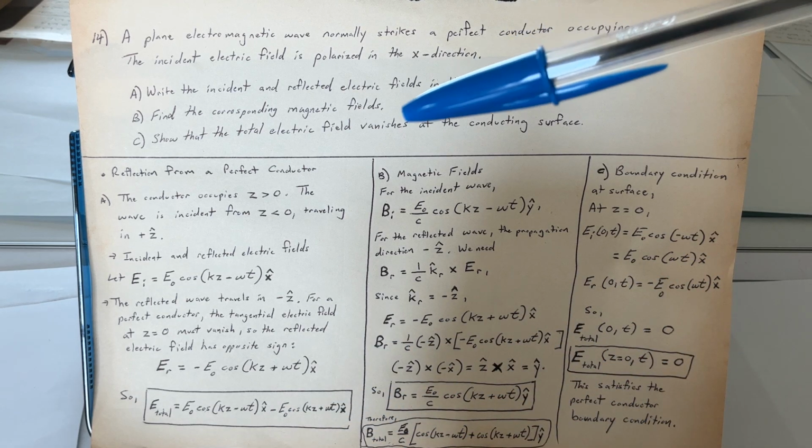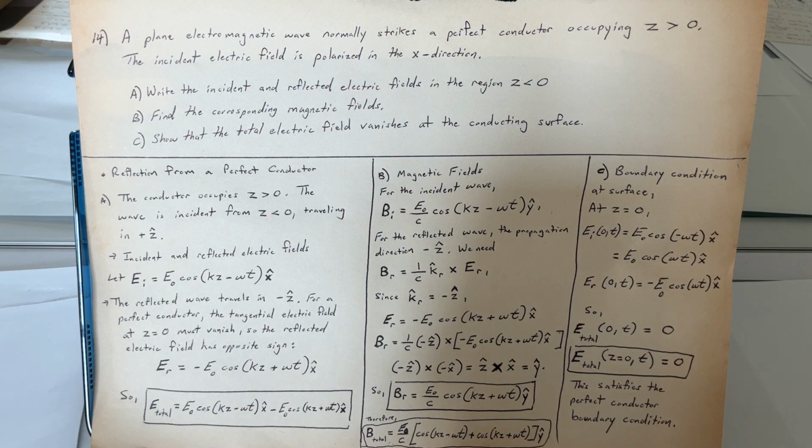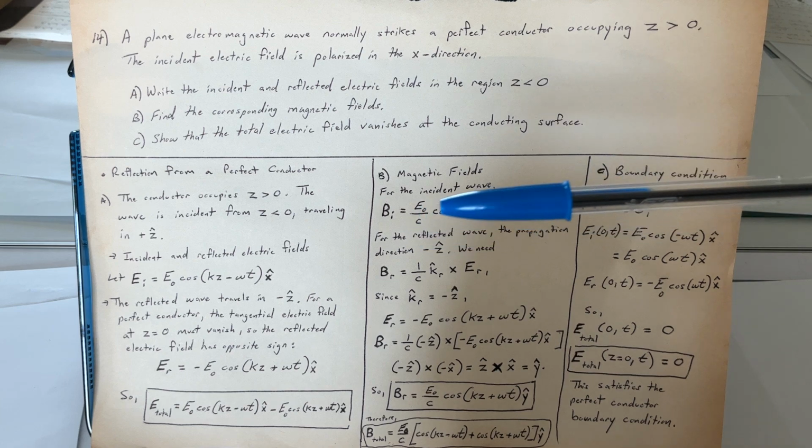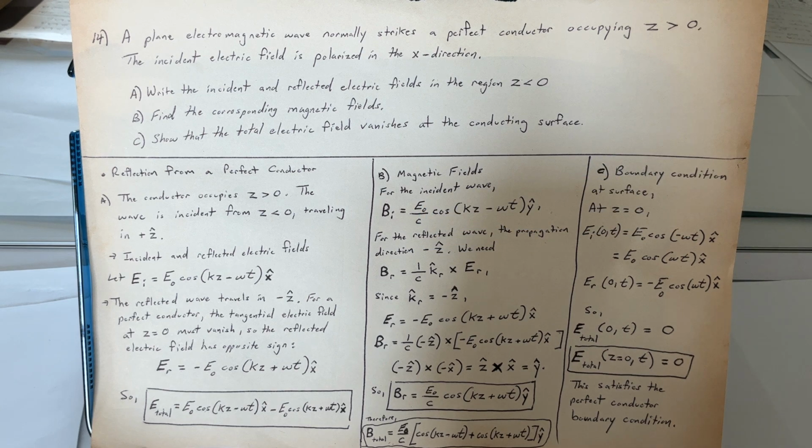Part B, find the corresponding magnetic fields. Okay, the magnetic field for the incident wave: B sub I equals E naught over c cosine of (kz minus omega t) times y hat. And for the reflected wave, the propagation direction is negative z-hat.